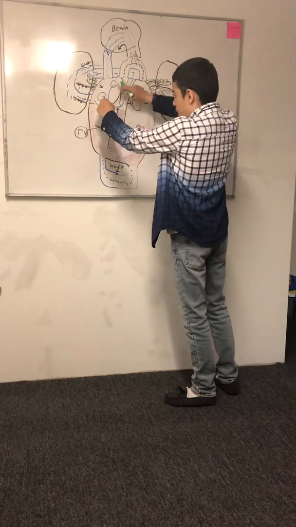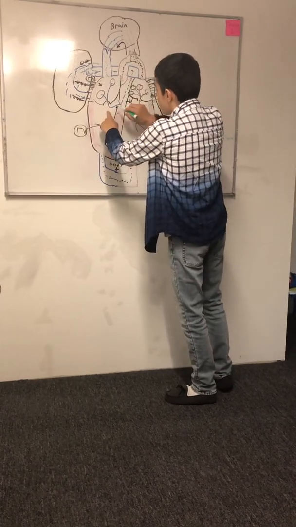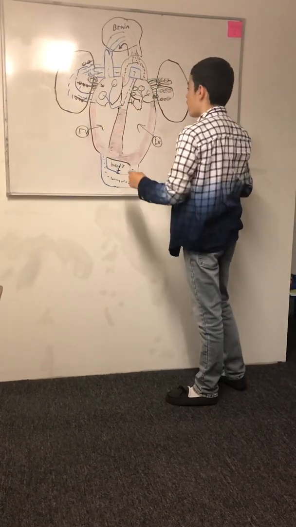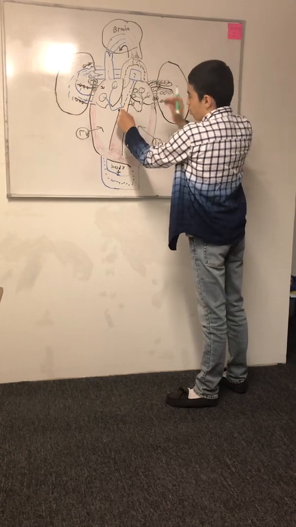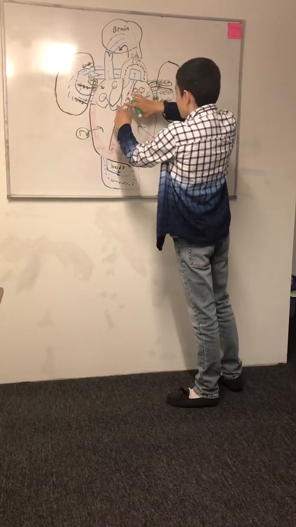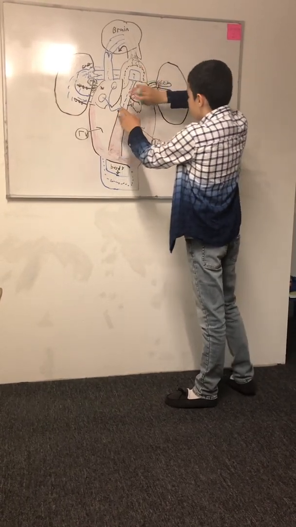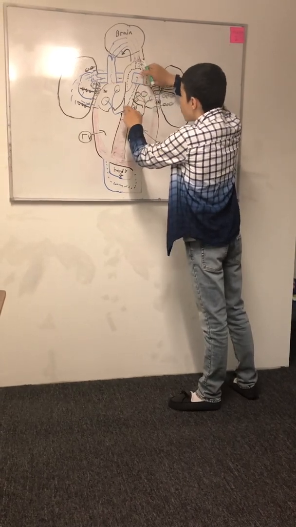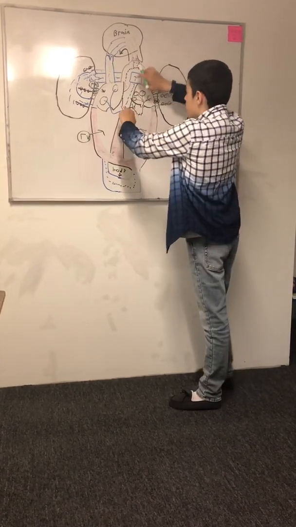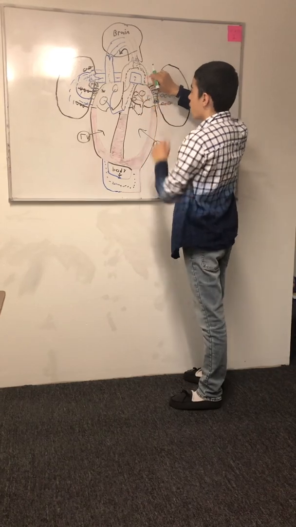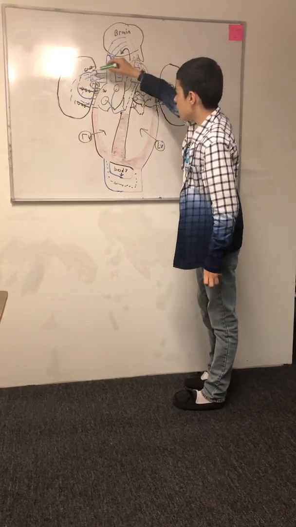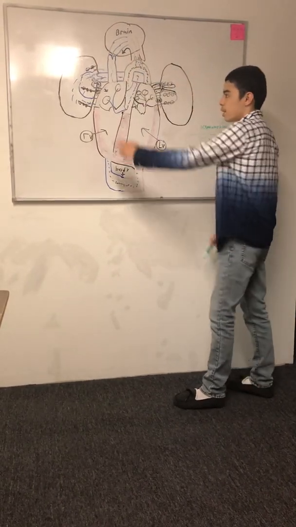So then the blood comes in, goes through the tricuspid valve into the pulmonary valve, which gives that deoxygenated blood to the pulmonary artery. Then the pulmonary artery sends that deoxygenated blood into the lungs, where it absorbs oxygen.